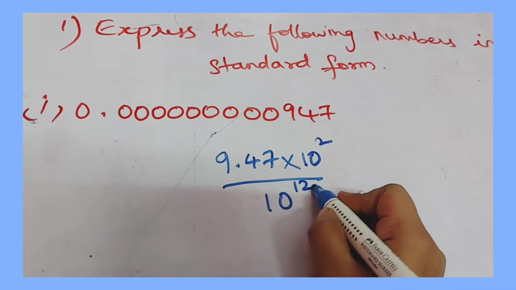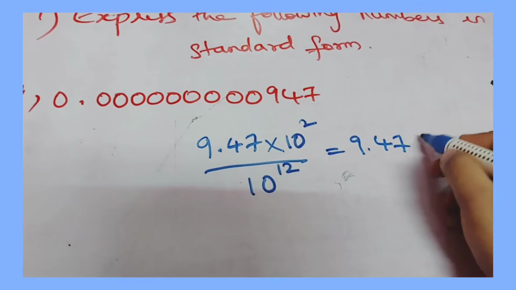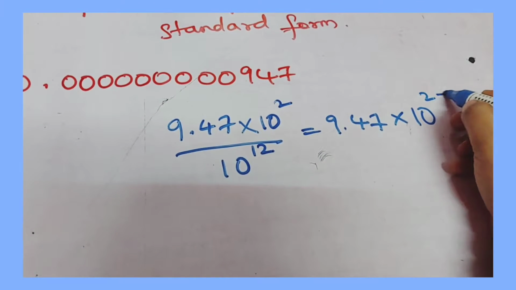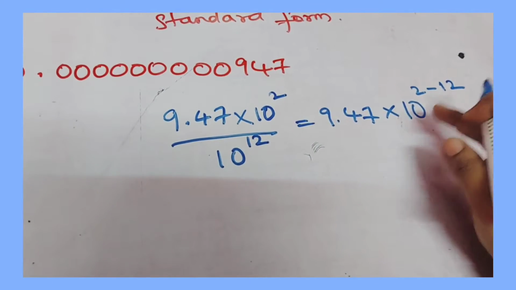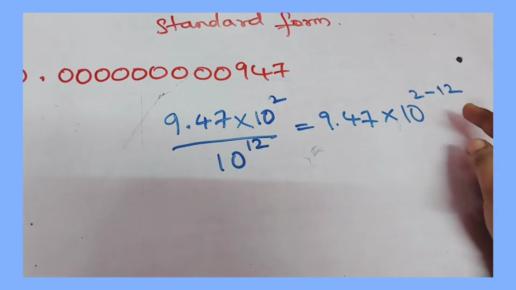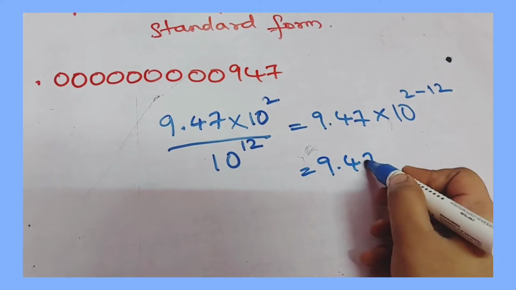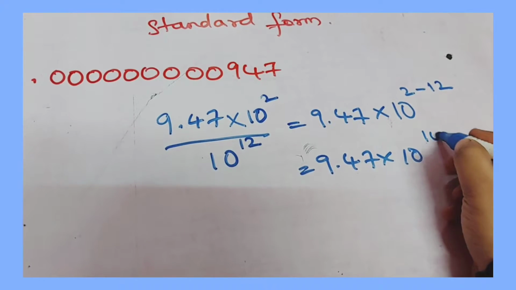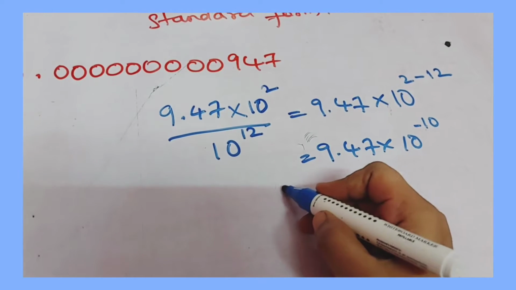So you have to write this 12 here. Then 9.47 into 10 to the power of 2 minus 12. So the answer is 9.47 into 10 to the power of minus 10. So this is the answer.